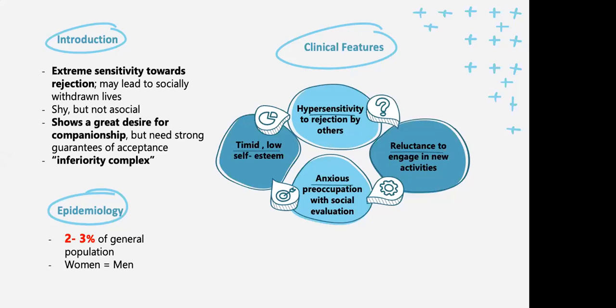Third, they are also anxious and preoccupied with social evaluation, meaning that they view people's comments as humiliating, as ridiculing, and as criticism. They also have a timid nature and low self-esteem.